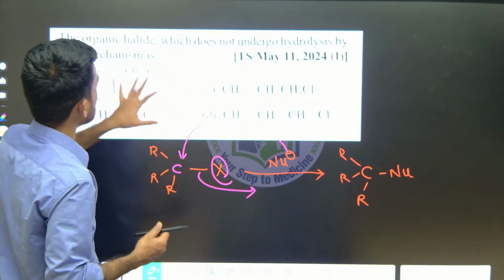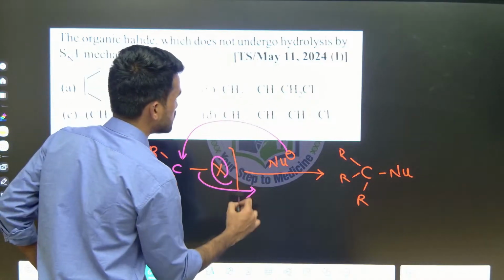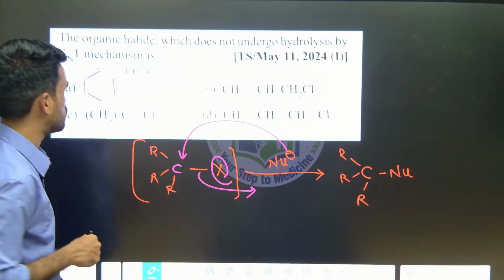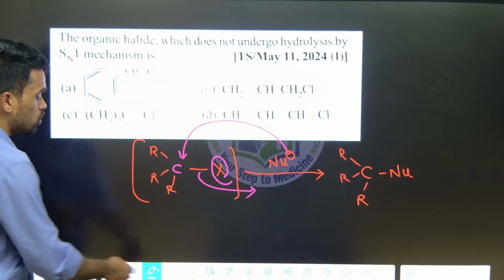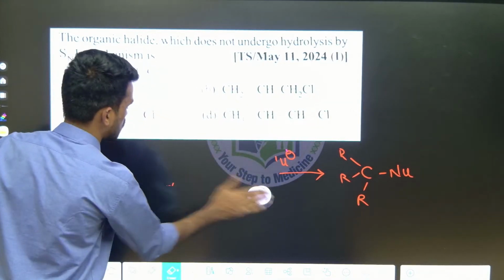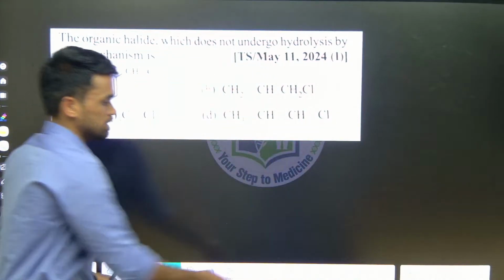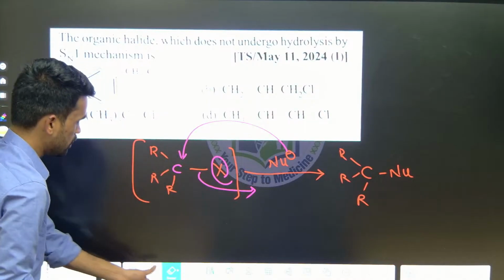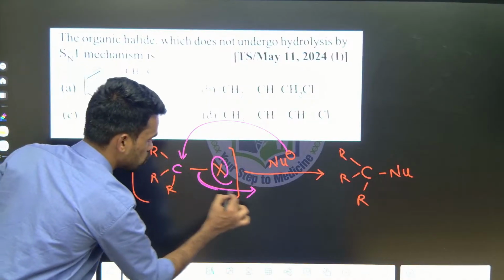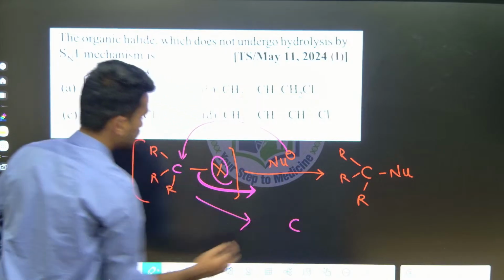So now in the SN1 reaction, it means only the reactant concentration is taken into the rate equation. Now which of these will not undergo this nucleophilic substitution reaction, that is the SN1 reaction particularly? See, if you see what is happening from this reactant, first this X group will go out.